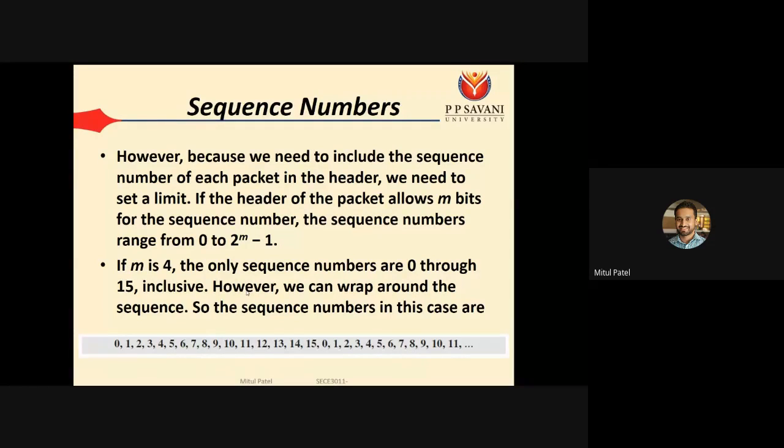Let's say our first sequence number is 0000 and the last sequence number is 1111. That means our sequence number can go from 0 to 15. Then after that we can again repeat the values from 0 to the next 15. So at that time we can keep track of the first 16 packets, and then after that we can keep track of the next 16 packets, like that.